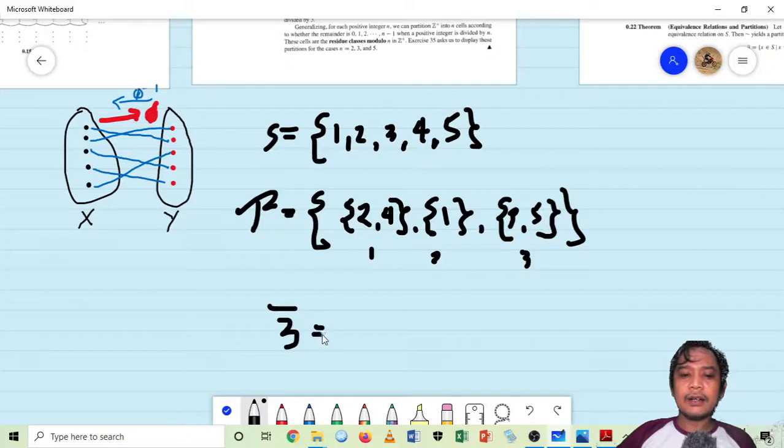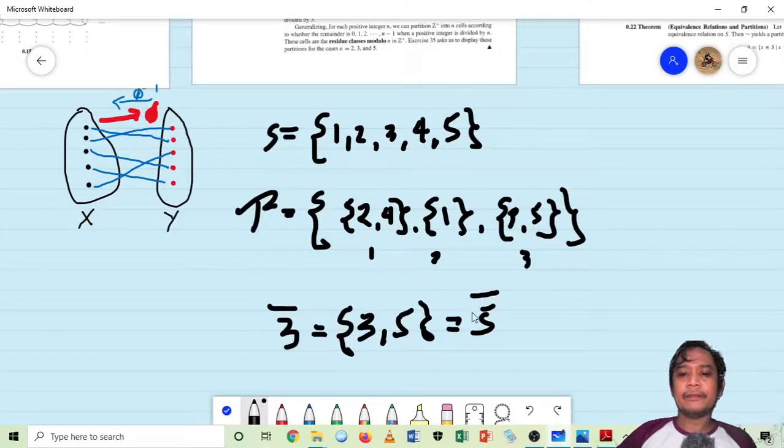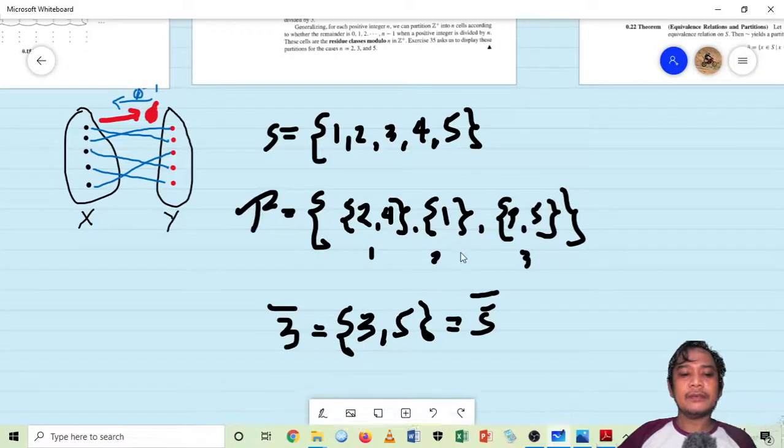So 3 bar again is the cell containing 3. So that would be the cell containing 3 and 5. And the same is true for 5 bar. This is 2 bar, also known as 4 bar. And this is 1 bar. Okay? I hope you were able to follow.